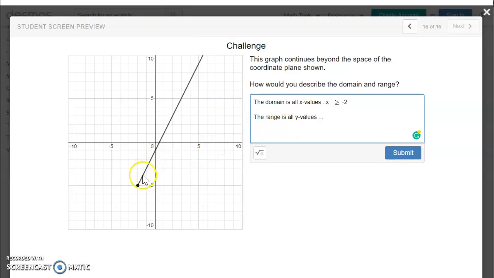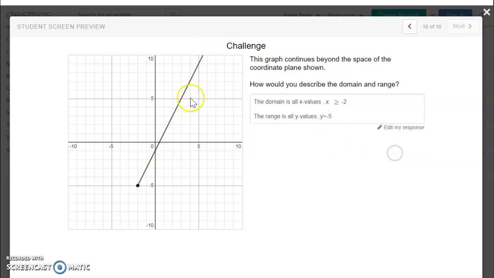What about y? The y value extends from -5. So y in this case is bigger than -5, and it just goes on forever. It's not between two numbers. Okay, so that's it.